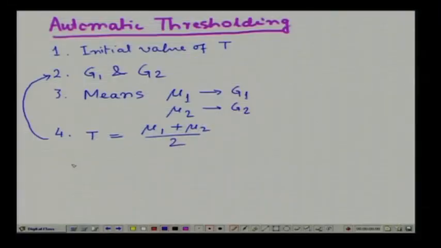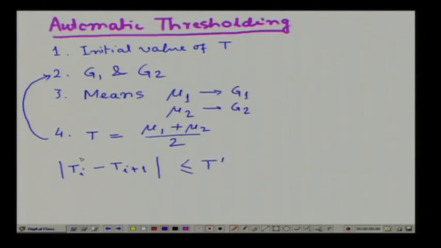So, this operation has to continue until you find that the threshold value in the ith iteration t i and in the (i plus 1)th iteration t i plus 1, the difference between these two is less than or equal to some pre-specified value, say t prime. When I attain this condition, I stop my thresholding operation.